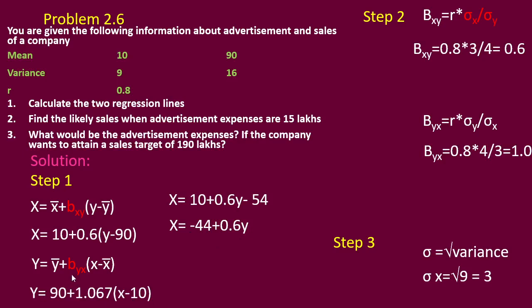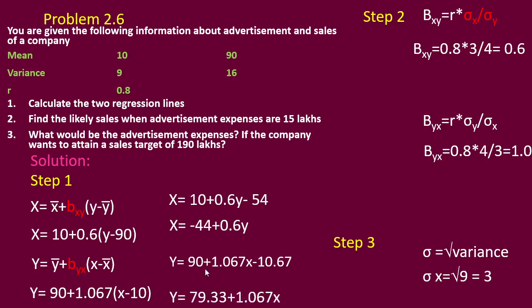And here apply the values to the y formula. Y bar is 90 plus byx, it's 1.067 into x minus x bar, and x bar value is given as 10. So simplify this one. 90 plus 1.067 into x is 1.067x minus 10 into 1.067 is 10.67.